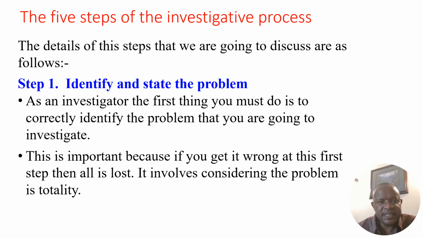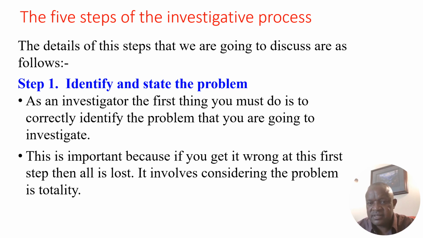So the details of the steps that we are going to discuss are as follows. Number 1, identify and state the problem. So you as an investigator must first identify and state the problem. What are we dealing with? Are we dealing with theft? Are we dealing with assault? Are we dealing with rape? Are we dealing with an accident?